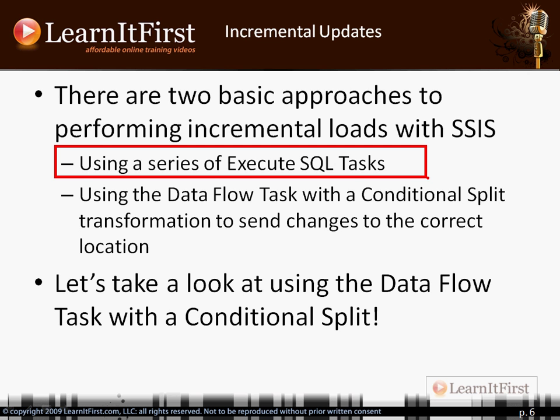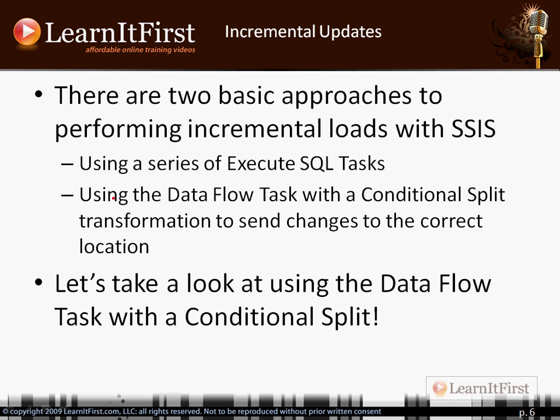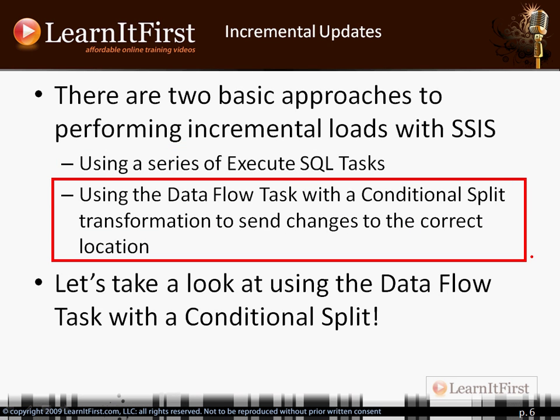And so the most flexible option is using the conditional split transformation with a data flow task. So you use the data flow task to define your sources. You bring them in, and you put them into a conditional split.